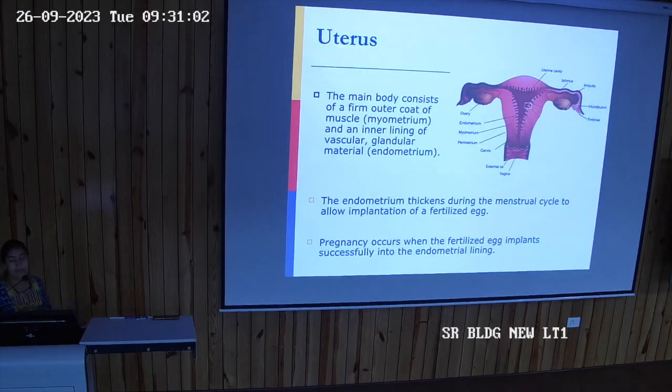What are the different layers of the uterus? Endometrium, myometrium, perimetrium. What does the myometrium contain? Muscles. What does the perimetrium contain? It is the outer fibrous covering. Then internally the endometrium. What are the changes that take place in the endometrium?